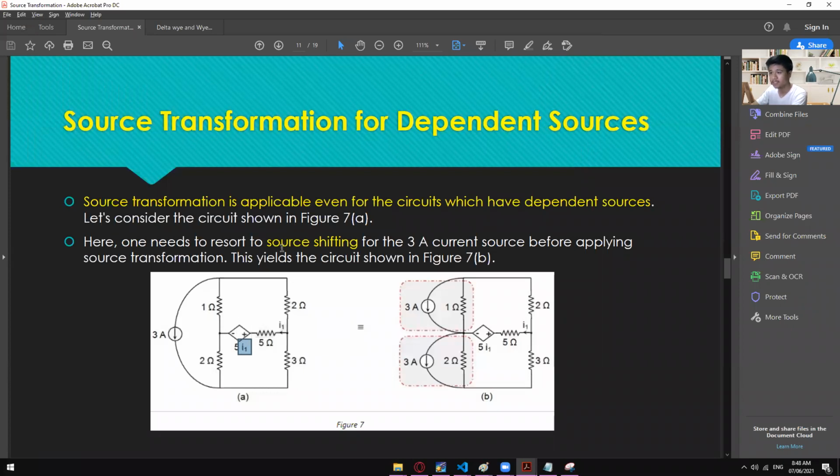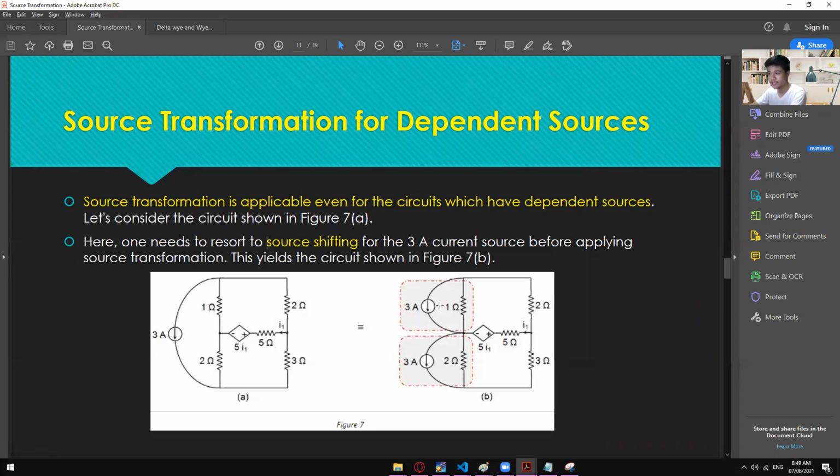For this one, one needs to resort to source shifting for the 3 ampere current source before applying source transformation. So this yields the circuit shown in figure 7b. As you can see in here, this is a series connection, so you can actually have two current sources, because whatever current is flowing in here is the same as the current flowing in here.